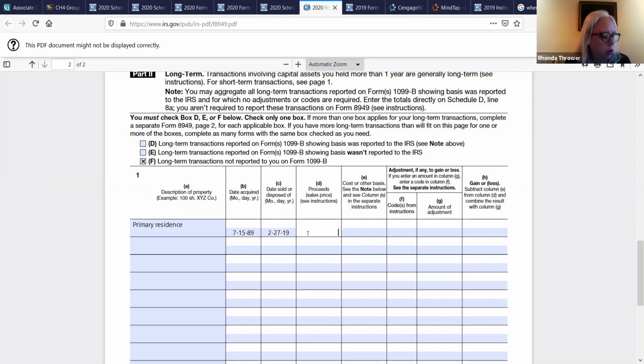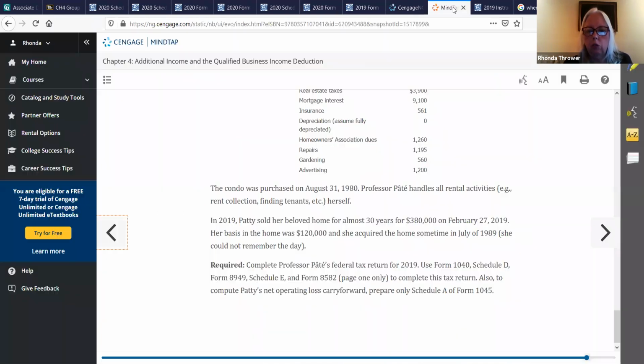And the amount they sold it for was $380,000. This comes directly off of your instructions, and it cost you $120,000. Again, if you look back at your instructions, they sold it for this, and her basis, or the cost of her home, was $120,000.